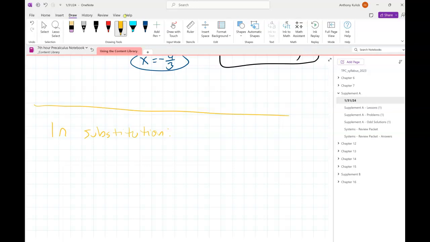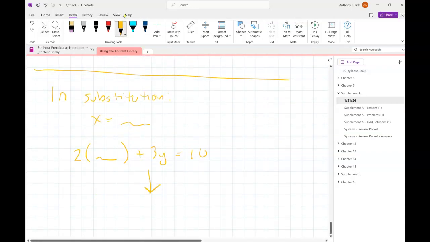So in my substitution problem, say I have x equals something, right? I just got that x by itself. So I have like 2 times that something plus like 3y equals 10 or something. Let's say we have this.